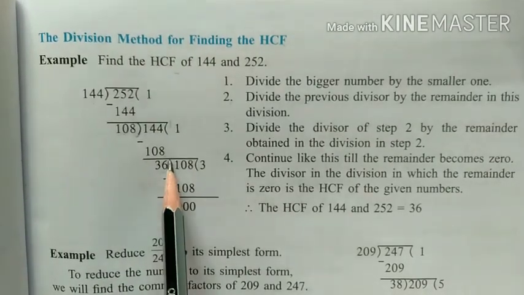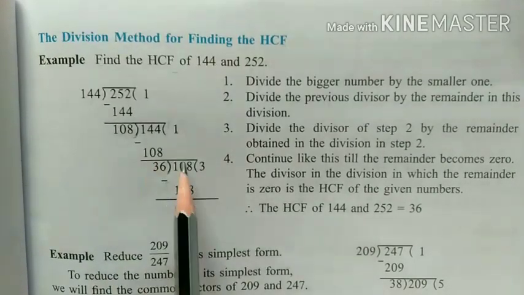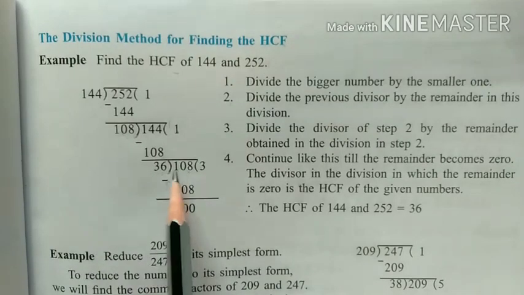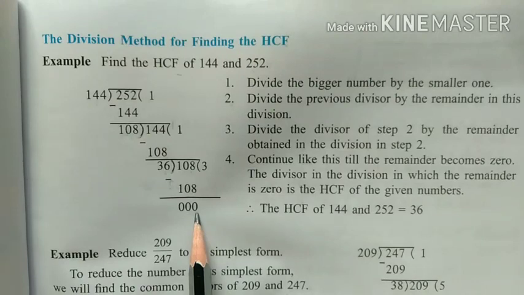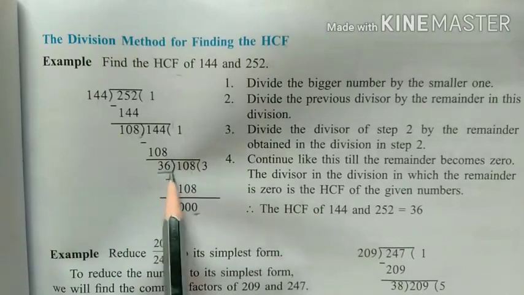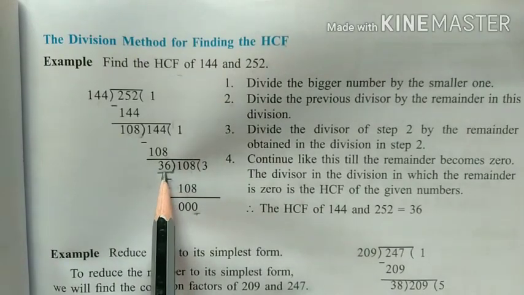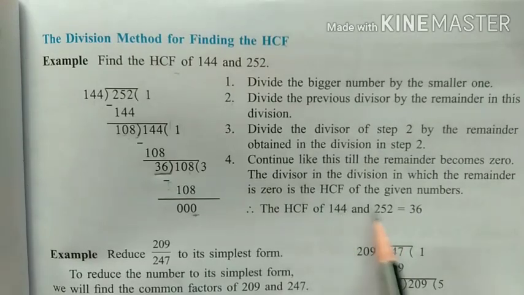Now 36 is my divisor and 108 is my dividend. 36 times 3 is 108, remainder is 0. I have to follow these steps until the remainder is 0. When I get 0, with the help of which divisor did I get it? 36. So 36 is the HCF of 144 and 252.